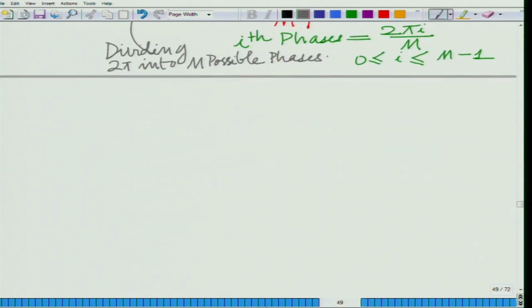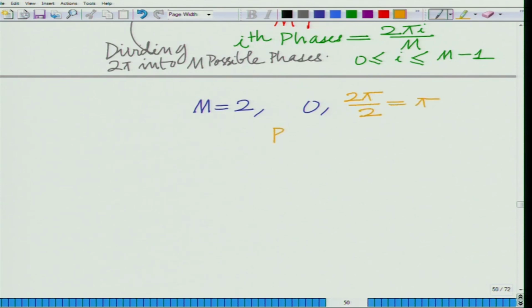Now, of course, if M is equal to 2, the phases are 0 and 2 pi i divided by M, that is 2 pi divided by 2, equal to pi.